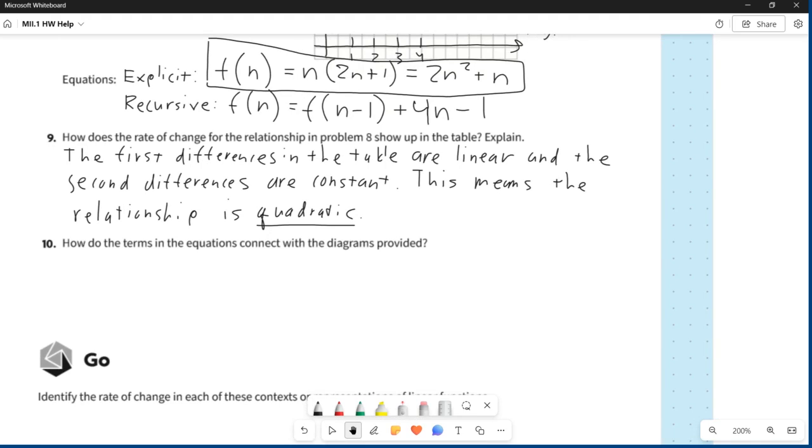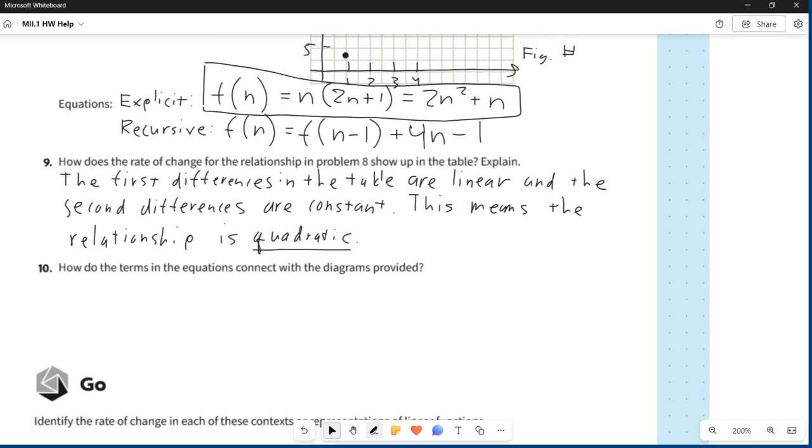For number 10, how do the terms in the equations connect with the diagrams provided? So the way that you phrase this might be different, so I'm just going to phrase it the way that I would think about it. I would say that if we're talking about the explicit formula, that's probably the easier one to think about.